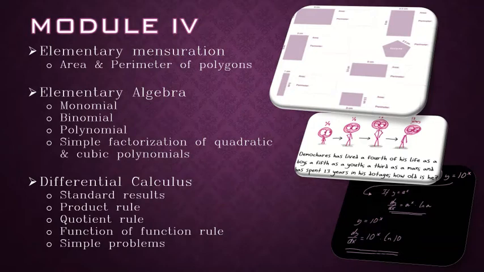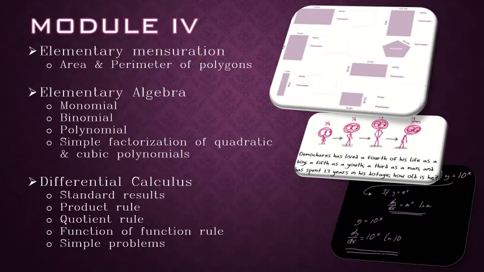It contains three subdivisions. The first subdivision is polygons. A polygon is a two-dimensional shape made of straight lines. Triangles and rectangles are polygons. Only calculate the area and perimeter of the polygons. The next one is elementary algebra. It deals with the general properties of numbers and the relations between them.